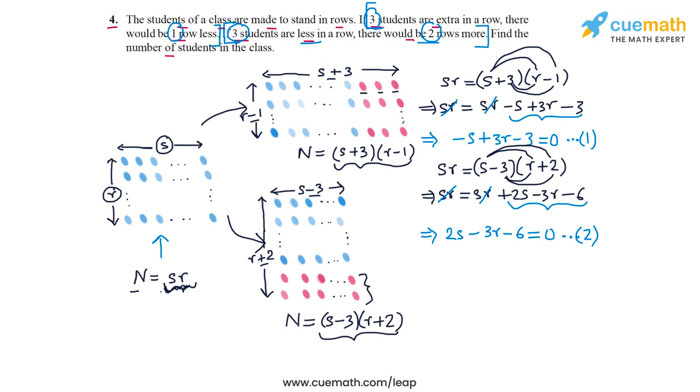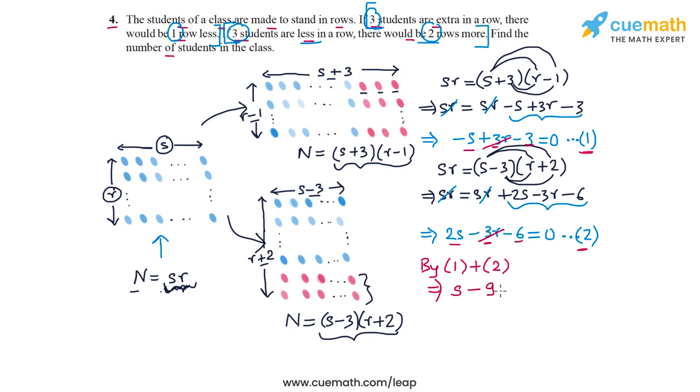Now we have a pair of linear equations in S and R. We see that the coefficient of R in the first equation is 3 and in the second equation is minus 3. So let's simply add the two equations and that will eliminate R. On the LHS we get 2S plus minus S, so that's S, the R terms cancel out, and minus 6 and minus 3 is minus 9.